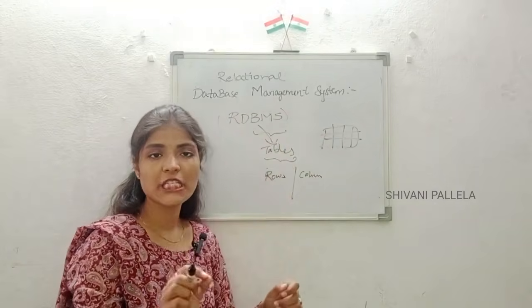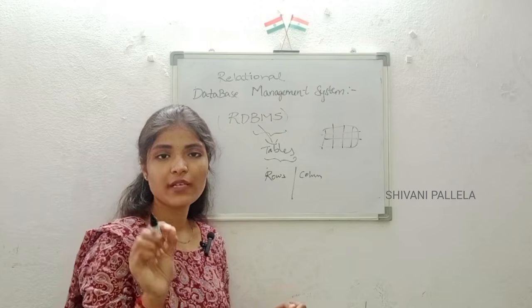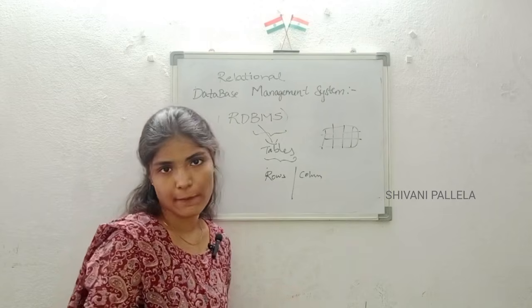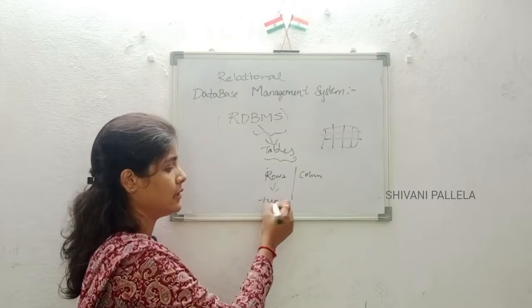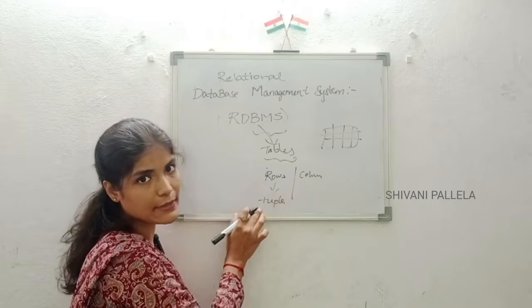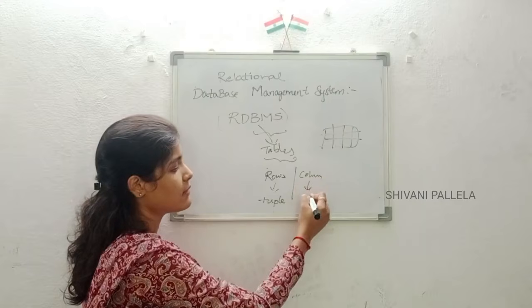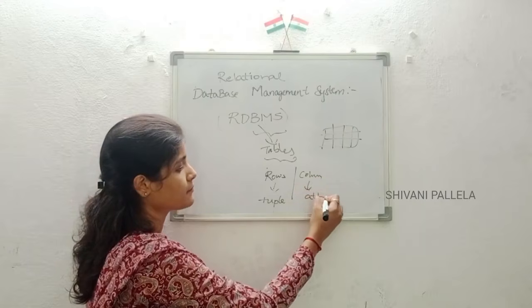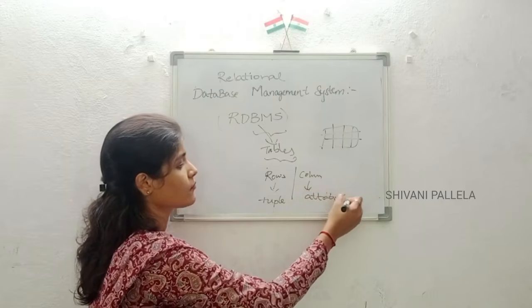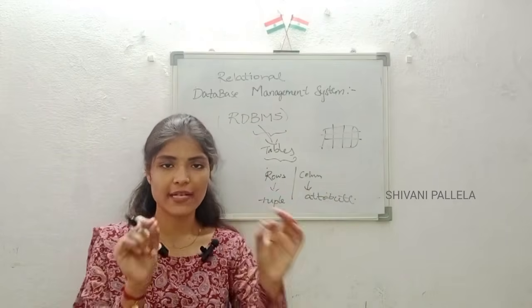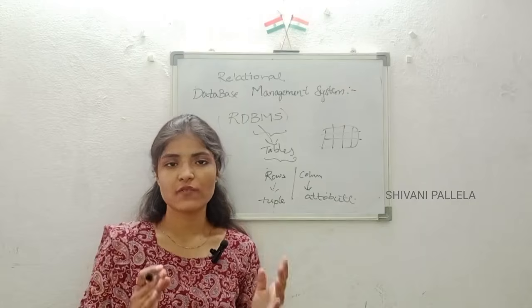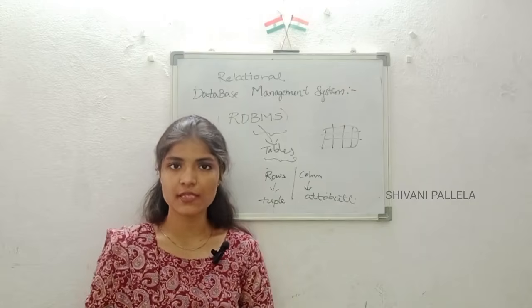RDBMS is the relationship between the tables and the data. A row is also called a tuple. Another name for a row is tuple, and another name for a column is attribute. If they ask what is meant by RDBMS, it stands for Relational Database Management System.